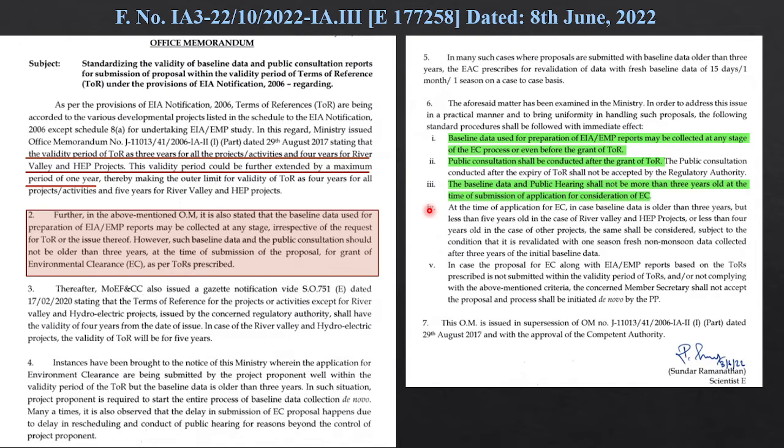But if it is more than 3 years old but less than 5 years old in case of river valley projects, then the authority may consider it, subject to the condition that it is revalidated with one season of fresh non-monsoon data collected after 3 years of initial baseline data.